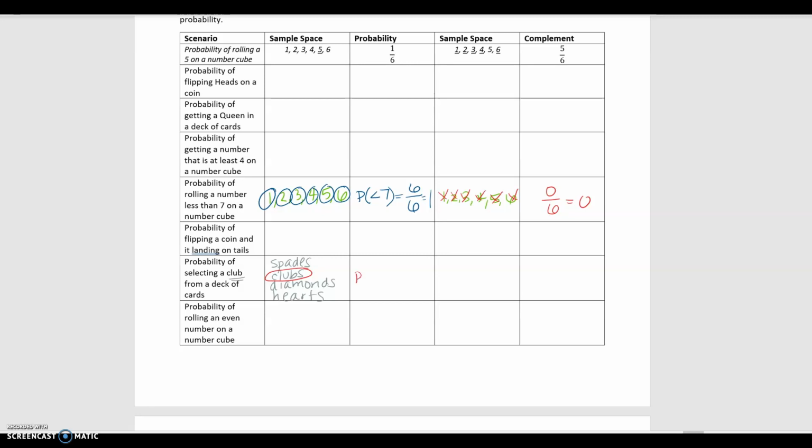So the probability of a club is one of the suits out of 4 possible suits. Okay, so that would be the same as saying, in a whole deck of cards, so a whole deck of cards is 52, and 13 of those are clubs. So 13 divided by 13 is 1, 52 divided by 13 is 4. So the same steps.